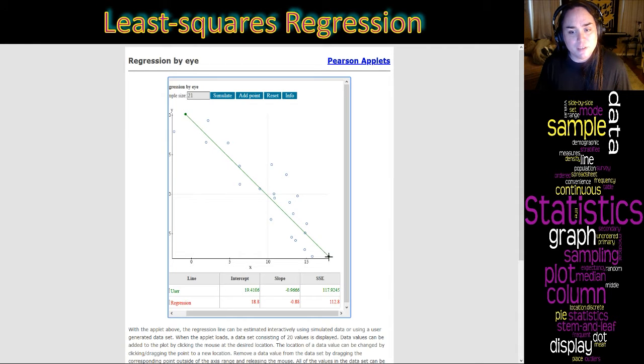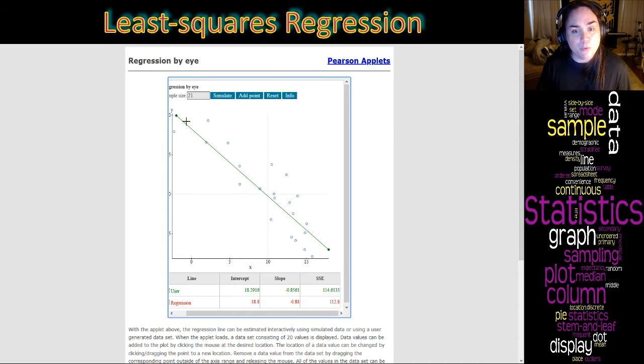It's going to be nearly impossible to get it perfect. Got 114. 113. That's pretty good. 112. That's really, really close. So you could play with that until you got exactly 112.8, or it's probably rounded, but that'd be a pretty good guess.